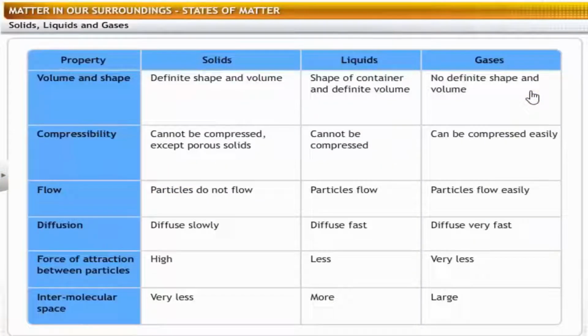Before we move on, let's look at the properties of solids, liquids, and gases. Solids. Solids have definite shape and volume, cannot be compressed, except porous solids. Particles do not flow, diffuse slowly, high force of attraction between particles, very less intermolecular space.